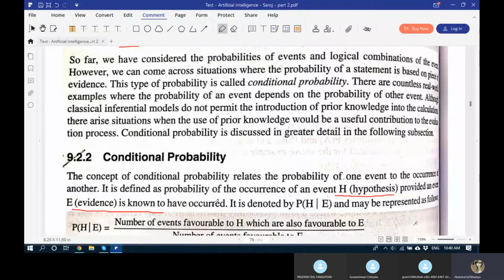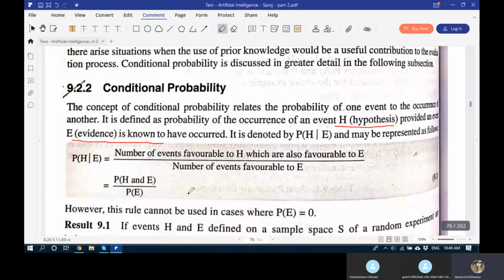So the equation is P of H given E, that is, hypothesis given evidence E, is equal to number of events favorable to H which are also favorable to E over the number of events favorable to E. The number of events which are related to both H and E over number of events which are related only to E. This can be written as P of H and E over P of E.